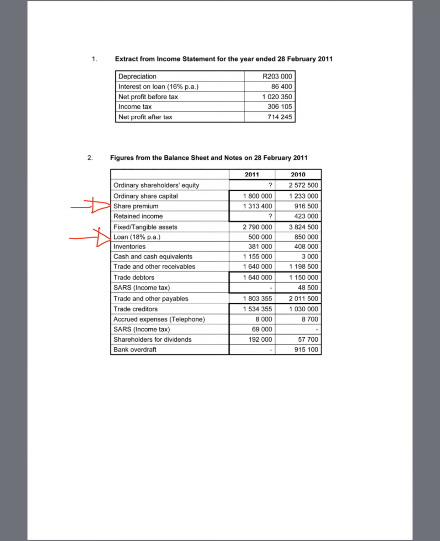So you're going to say 1,400 minus the 916,500, and what do you get? 400 minus 916,500. It's 396,900.